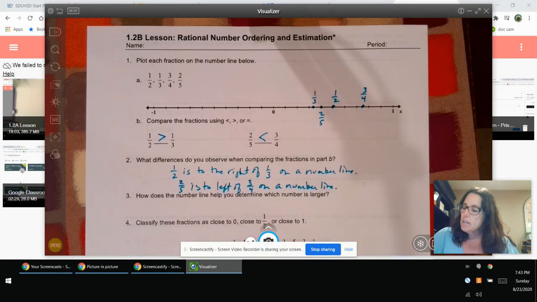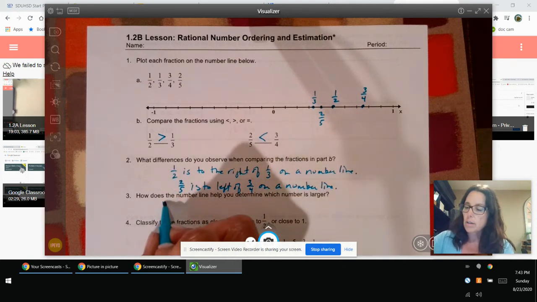Okay, how does the number line help you determine which number is larger? Let's just make a generic statement without using these fractions.